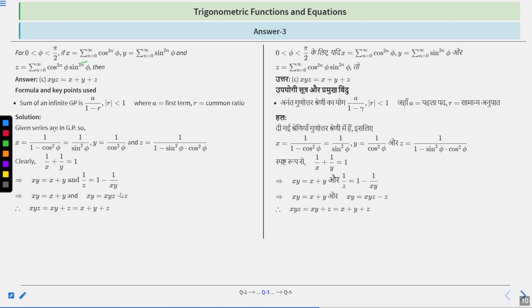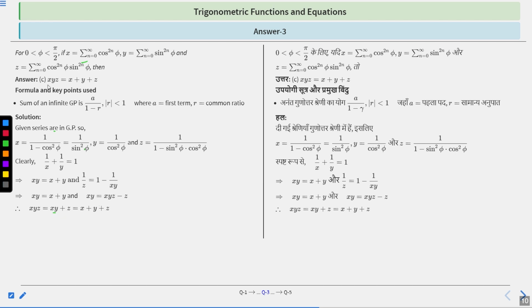Therefore, xyz will be equal to xy plus z, and we know that xy is equal to x plus y. Therefore, let's put xy is equal to x plus y, right? Therefore, xyz is equal to x plus y plus z.